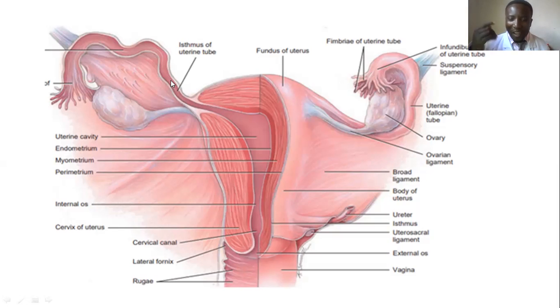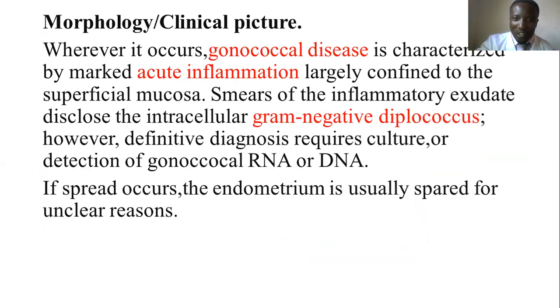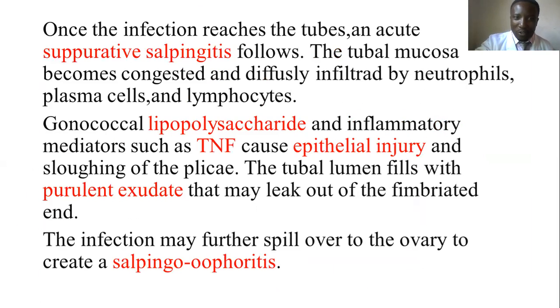Now back to our point, my dear colleagues. So gonococcal lipopolysaccharides and inflammatory mediators such as tumor necrosis factor alpha cause epithelial injury, injury to the tiles, injury to the ceiling, and this eventually ends up in a sloughing off of the plica, or the plicae.